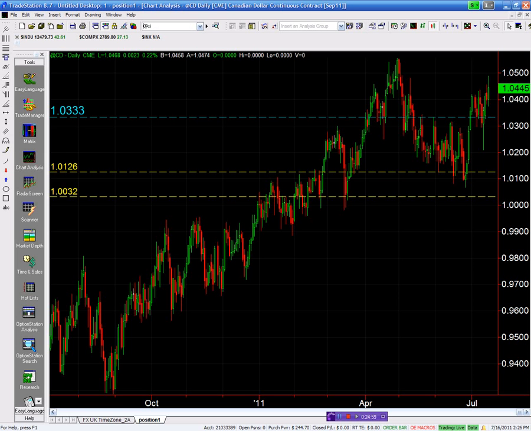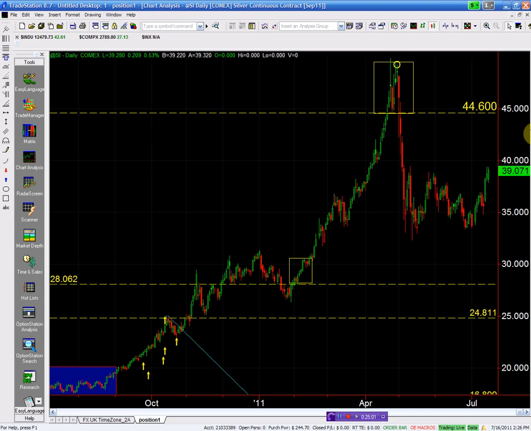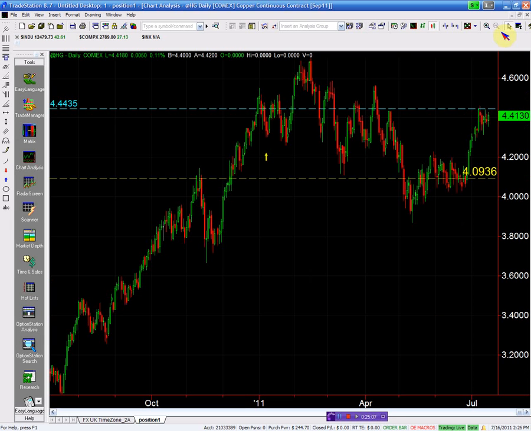Look at the silver, and look at copper, all the metals are going up, and the CAD is going up. With all that good news, with all that demand, the Aussie is going down.